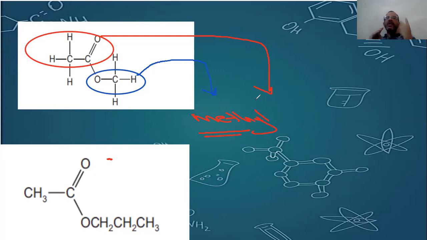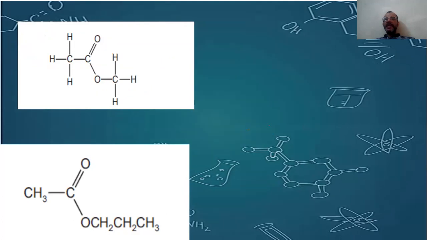Why meth? Because there is only one carbon atom here. And this compound contains two carbon atoms, it is ethane. To make it clear to you, look at this part here.